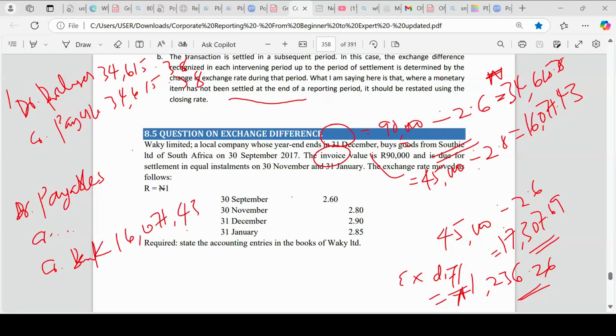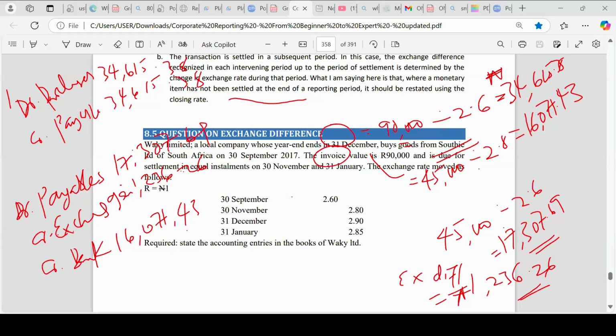The payables should be debited all of what we should have debited it, 17,307.69. The difference is going in as exchange gain because we are paying less than we ought to have paid, and that will be 1,236.26. So it's as simple as that. That will be done on 30th September.